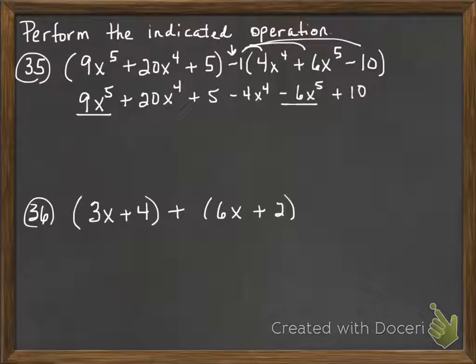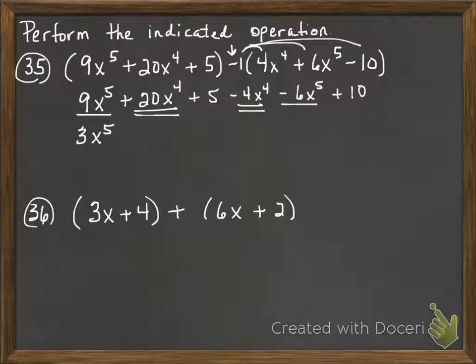I'm going to combine those together by doing 9 minus 6. So we're going to get 3x to the 5th. When you're combining like terms, you do not change your exponent. You just combine the numbers out in front. Then let's see, our next term is an x to the 4th. It's going to combine with -4x to the 4th because those are like terms. And again, you only combine your coefficients.